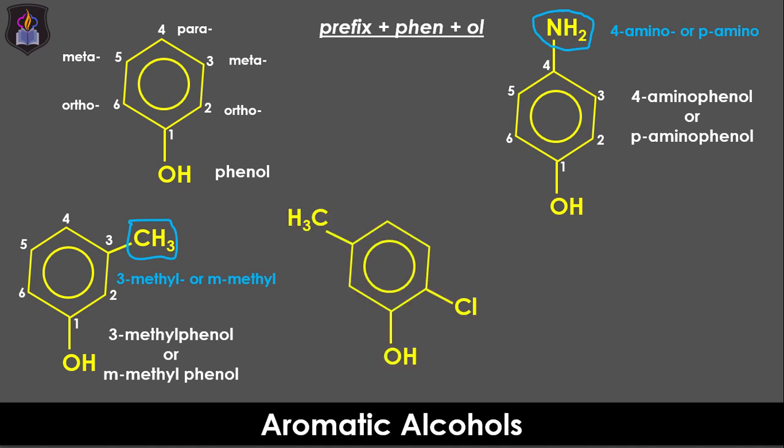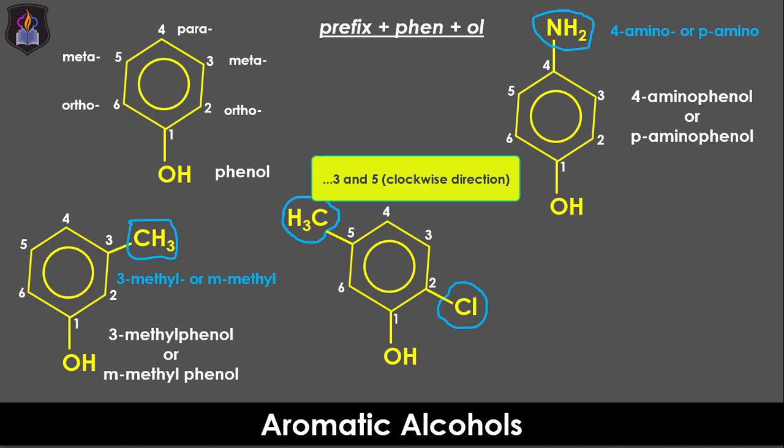From the fourth compound, we can see that apart from the principal functional group, there are two other substituents attached to the benzene ring. So we must be very careful when numbering the ring to ensure that the sum of the positional numbers of these substituents is as low as possible. So the right direction in this case is anti-clockwise, which gives the chlorine and methyl substituents positions 2 and 5 respectively, as against if numbered in a clockwise direction.